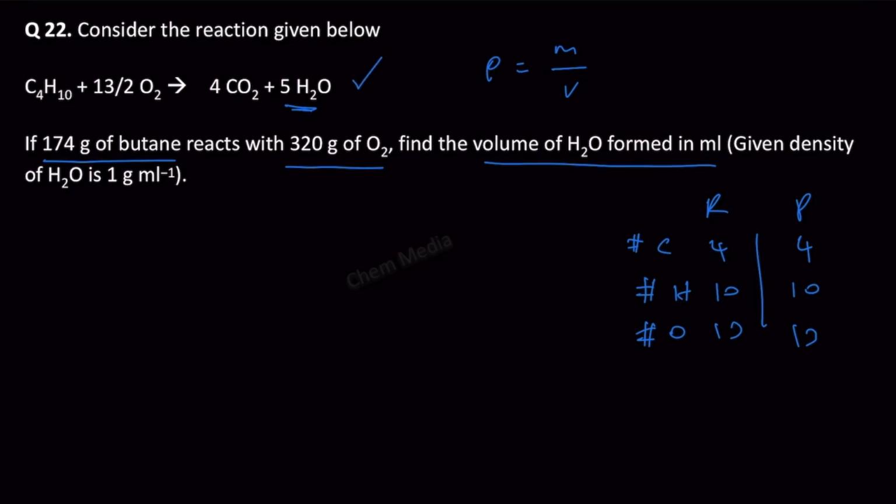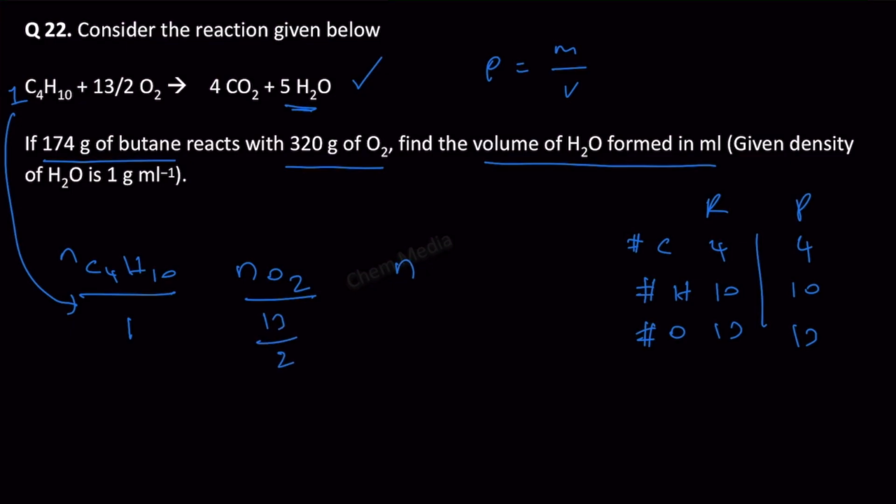Now let us write the stoichiometric moles. How do we write stoichiometric moles? Number of moles of butane divided by 1. Whatever is the stoichiometric coefficient, we just bring it down. And then number of moles of O2 divided by 13 by 2.